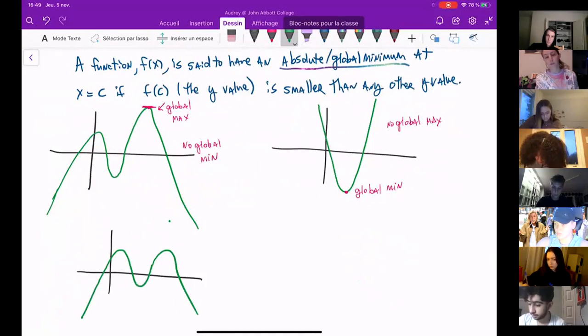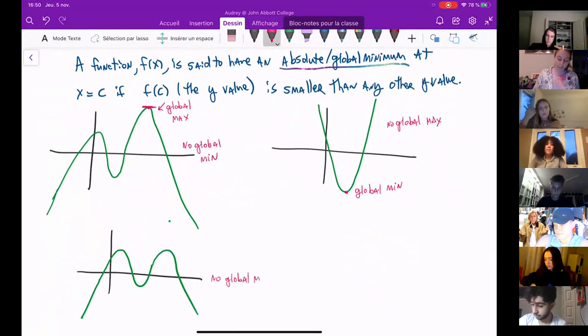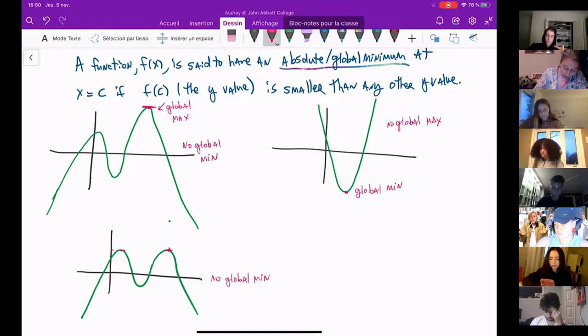What about this? It looks really similar to the previous one. Does this have a global min? No. What about the global max here, though? The idea being that these two things have the same y value. So in this case, we say that they are both global max. When the y value is the same at two points and that y value is higher than anywhere else, we say that they are both global max.